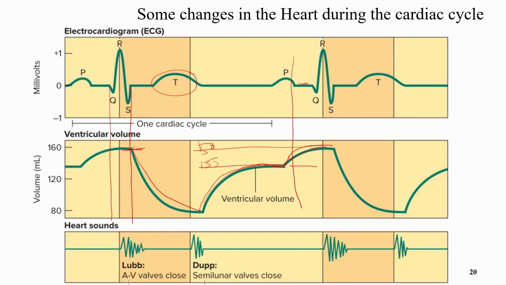And then together, this period here is called diastole, and this period is called systole. That's when the blood goes out of the body. Okay?